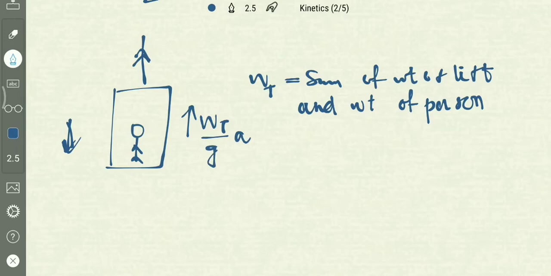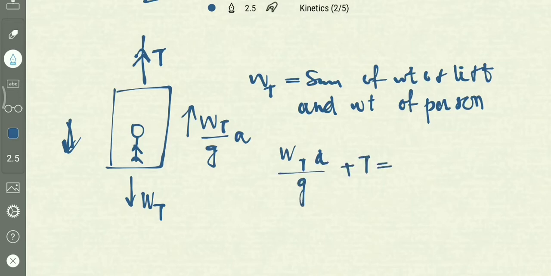And here W will be acting downwards, Wt. Here tension will be acting upwards, so balancing: Wt into a divided by g is upwards, plus tension is upwards, minus Wt, which is downwards, is equal to 0.